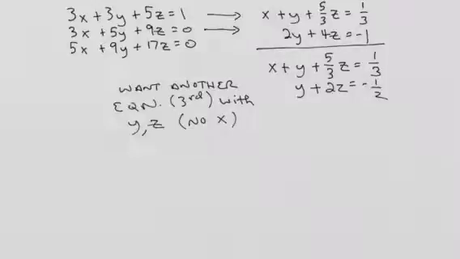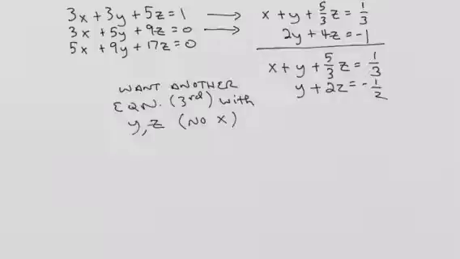Because once I've done that, I'm guaranteed that I'd have two equations with y and z. I would be able to combine those two equations, eliminate y, and have an equation with just z in it, which I would then solve for z, and I would then be able to have my third equation down here, z equals blah.